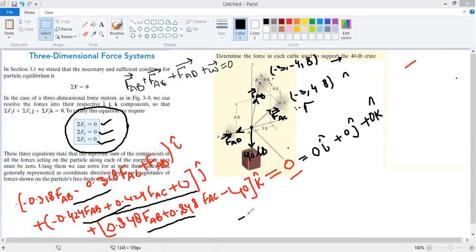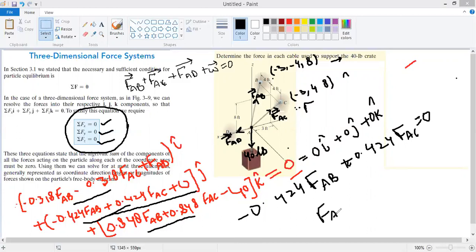From this equation, look at the j component term. So we can write minus 0.424 FAB minus 0.424 FAB plus 0.424 FAC plus 0.424 FAC is equal to 0. Once you solve this equation, you will get FAB equal to FAC.